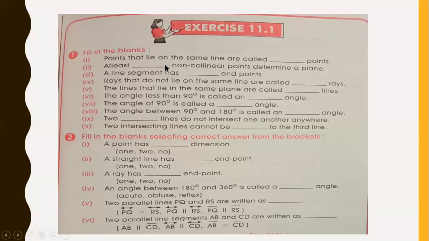In your book, you have to solve question 1 of 11.1 and question 2, and I will give you some questions of complementary and supplementary, the questions which you have already solved with me. So it will not be a big deal for you.